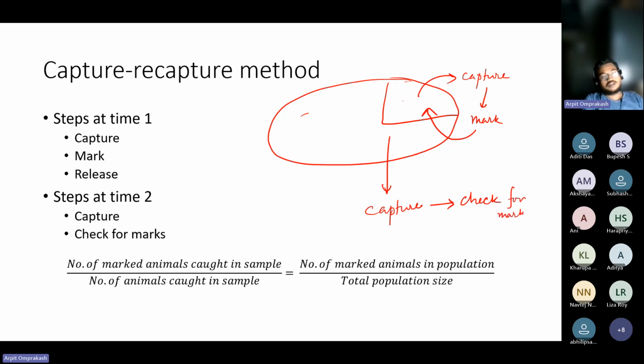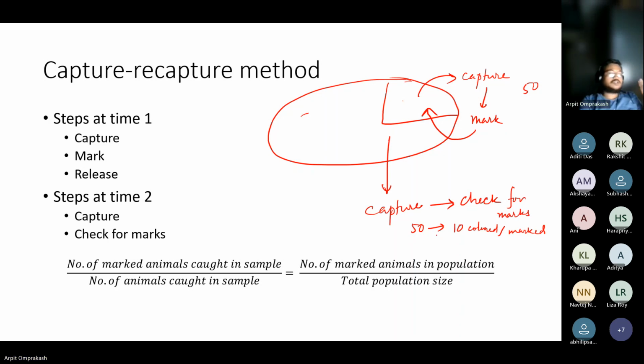So let's say in the first case, you captured 50 individuals, marked all of them and released them back, right? In the second case, let's say again you catch 50 individuals. Out of them, you see that 10 are colored, or marked. So based on this, how do you calculate the number of individuals in the population?